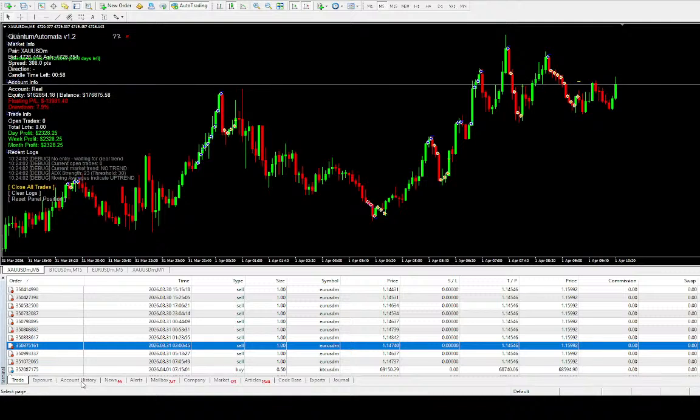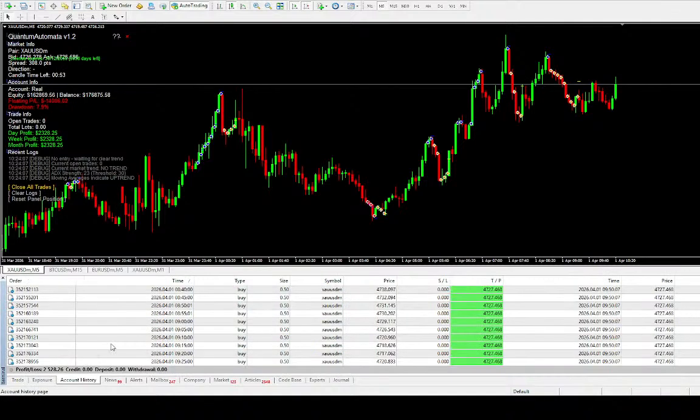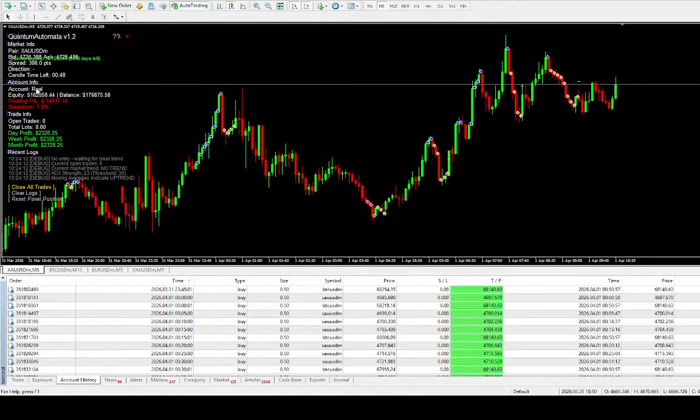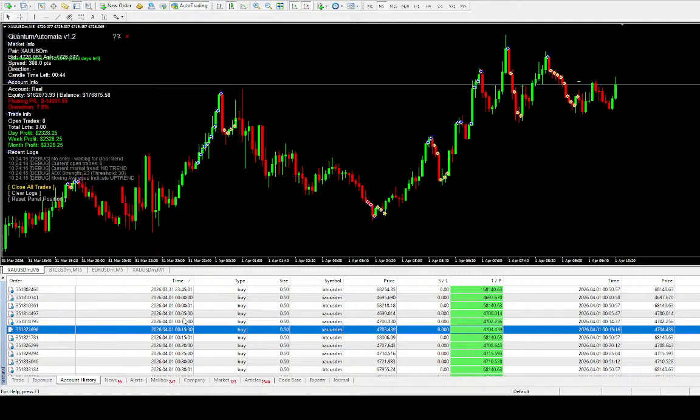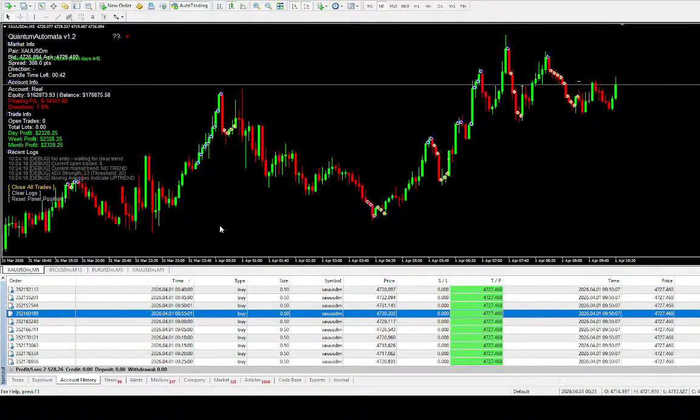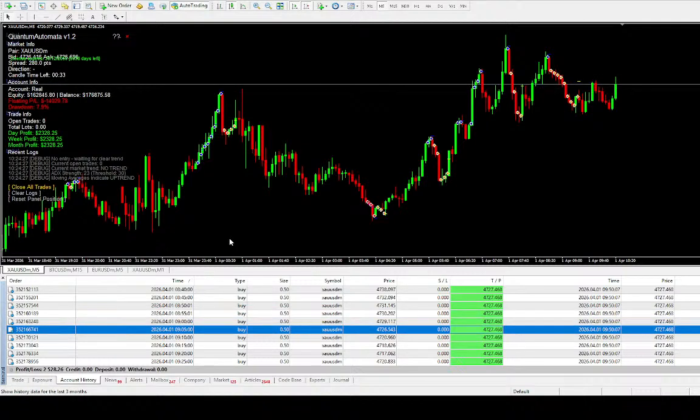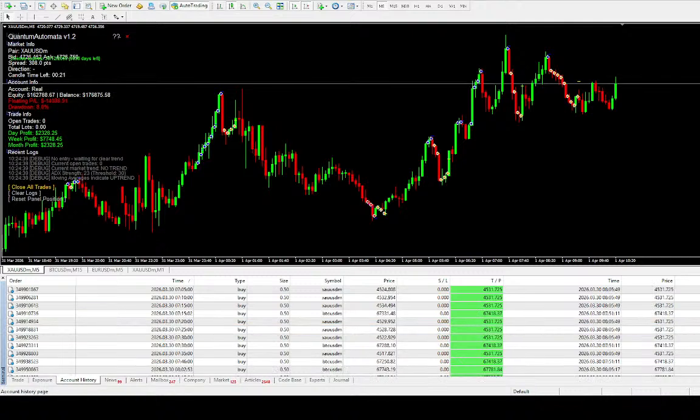And in the account history, you see today's profit was 2,528. You can see for yourself. If we look into last month's performance on this account, let's look at one month's performance.